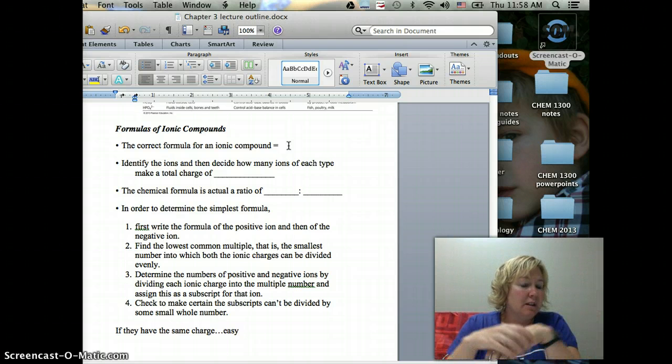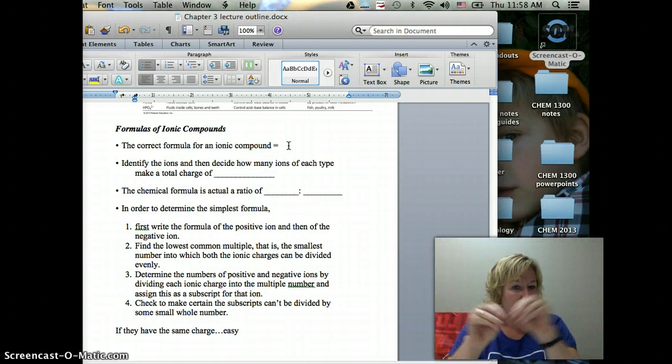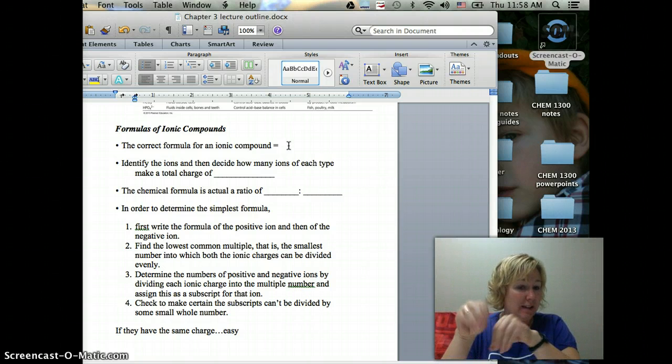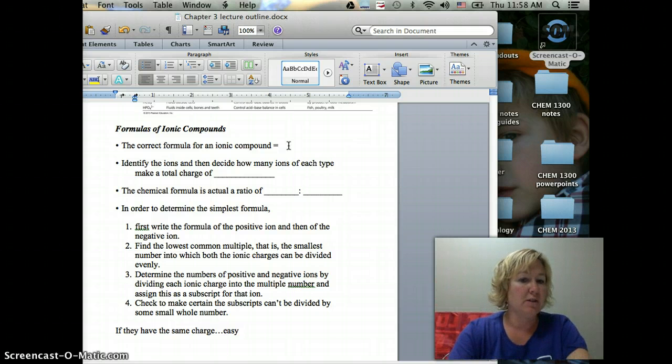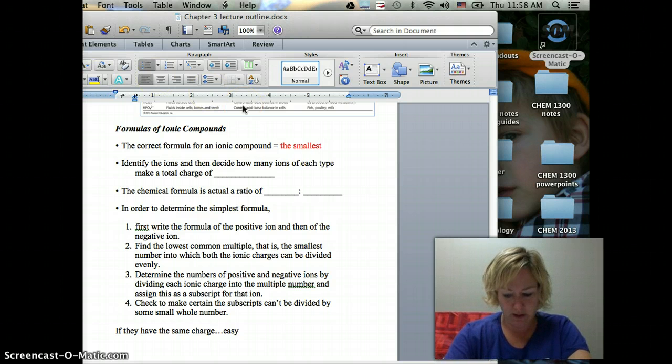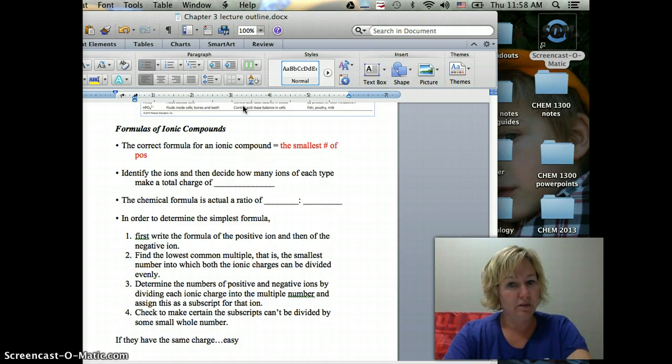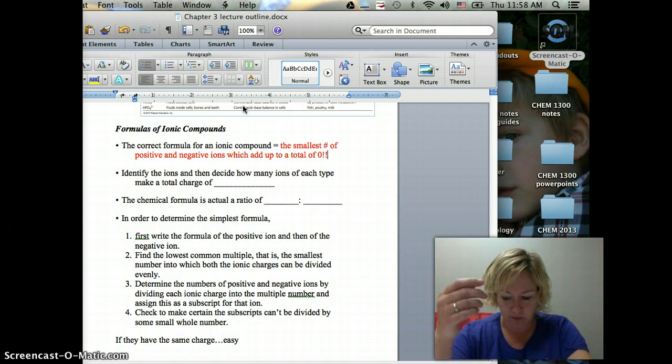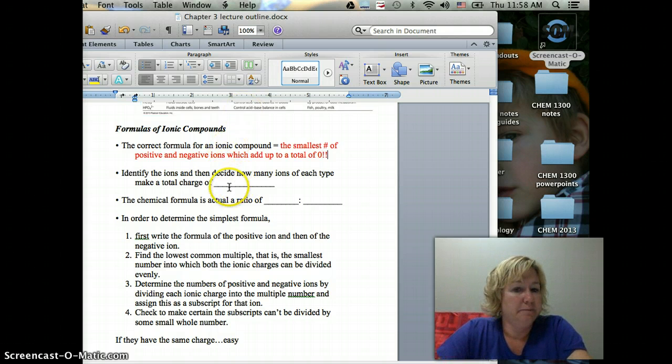The thing about ions is you have a negative and a positive, and the idea is you're going to put them together and make something that equals 0. That's the plan. So the formula for an ionic compound is the smallest number of positive and negative ions which add up to a total of 0.